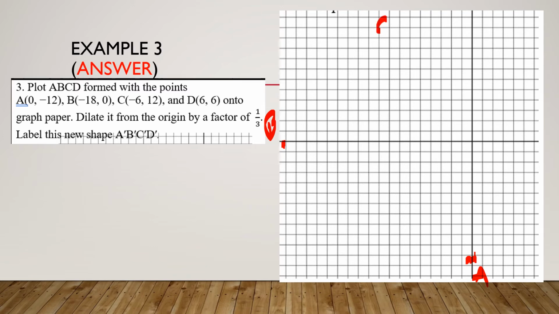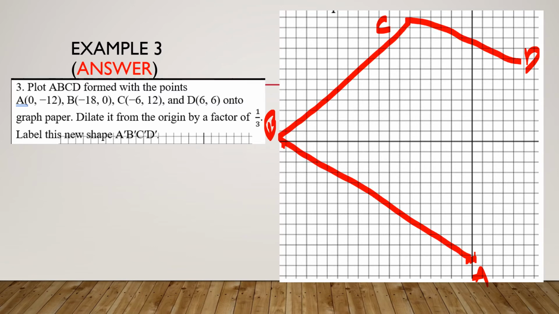Here's our C. I don't know what happened to it. There we go. There's our C. And then D is 6, 6. So right 6, up 6. There's our D. Then we would go ahead and connect. So A, B, C, D.